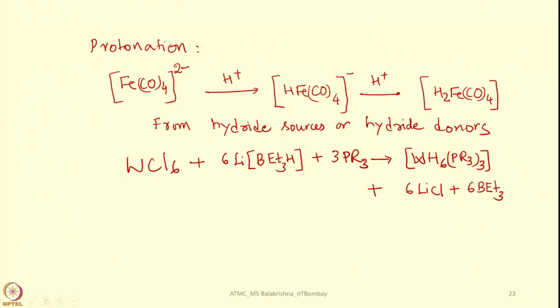So, this typical reaction involves hydride sources or hydride donors. And if you look into synthetic methods, one can use in laboratory for small scale preparation. We can go for alcoholic KOH.